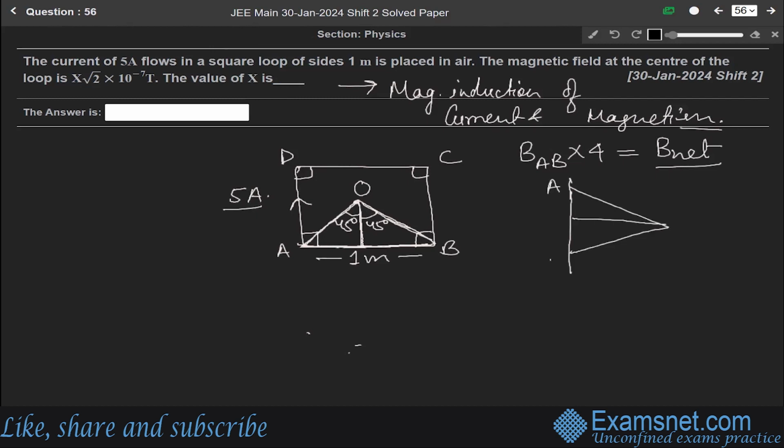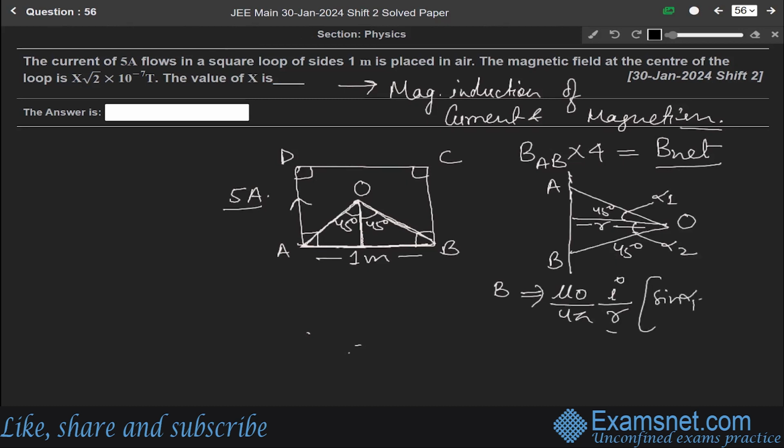Let us draw it like this. This is point A, this is B, this is O. Let us say this distance is R. Now this is angle alpha 1, which is 45 degree. This is angle alpha 2, which is 45 degree again. Now in such type of question, the magnetic field is given by B equals mu naught over 4 pi, I over this distance R into sine alpha 1 plus sine alpha 2.